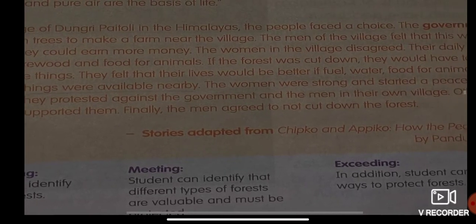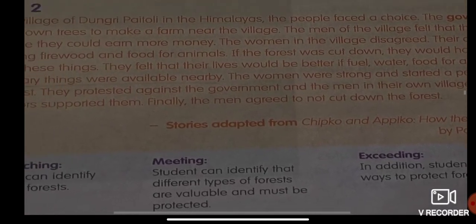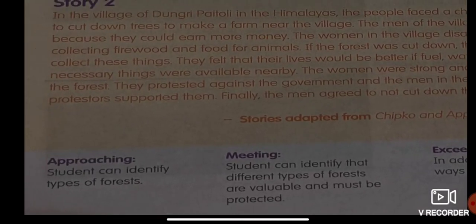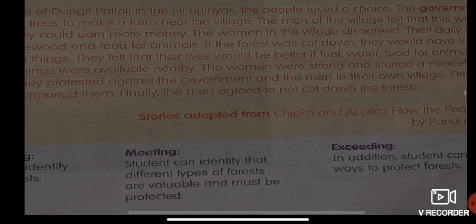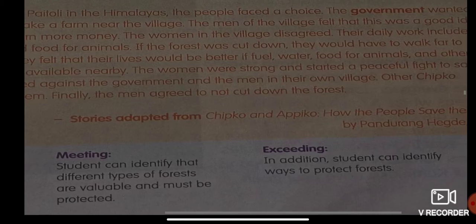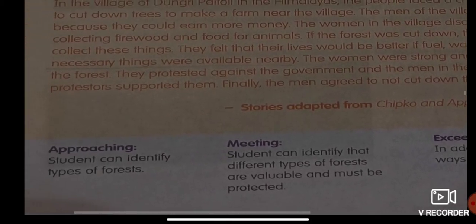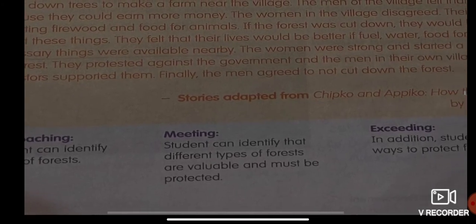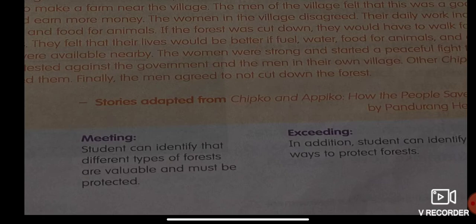They felt that their lives would be better if fuel, water, food for animals, and other necessary things were available nearby. The women were strong and started a peaceful fight to save the forest. They protested against the government and the men in their own village. Other Chipko protesters supported them. Finally, the men agreed to not cut down the forest.